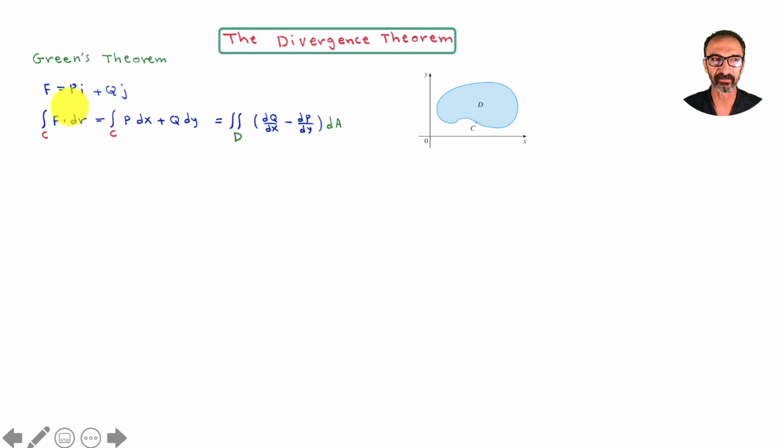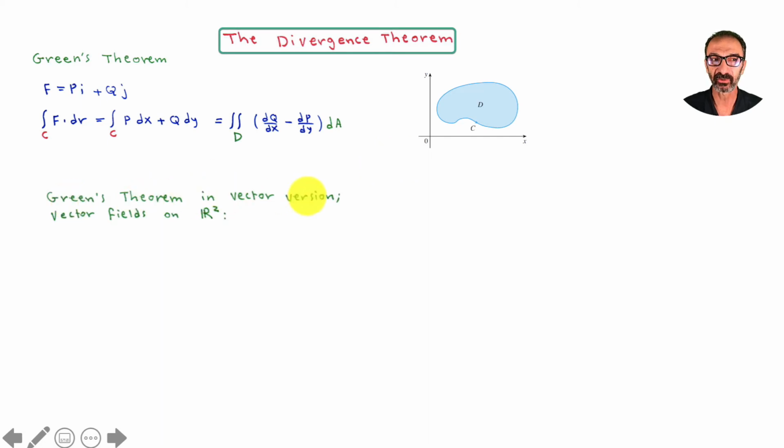If the vector field is defined as Pi plus Qj, the line integral along the closed counterclockwise curve C of F dot dr is the line integral of P dx plus Q dy, or differently, it becomes the double integral over the region D, which is controlled by the closed curve C, of dQ/dx minus dP/dy dA. This was covered a few videos ago in detail with some examples.